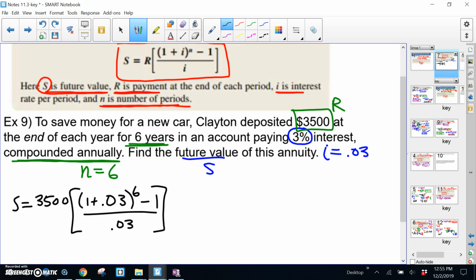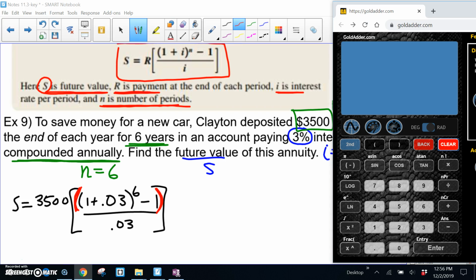So it just becomes a calculator question. Honestly, when you type this in, I think you should probably put parentheses around that entire top just to be safe. Otherwise, we're just going to plug it all in. So check it out, 3,500. Then open up the brackets and open up the numerator. I'm going to go ahead and call that 1.03.